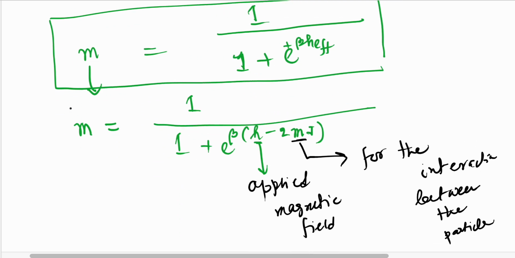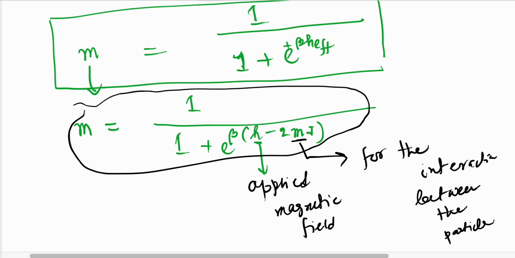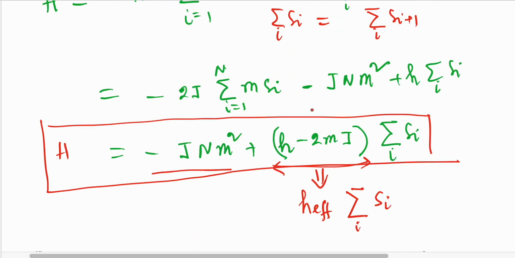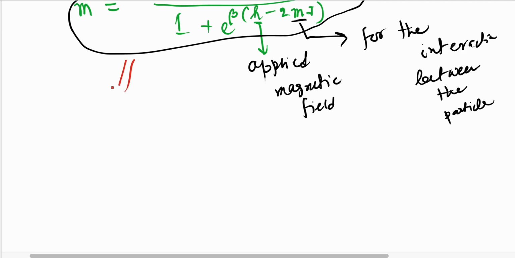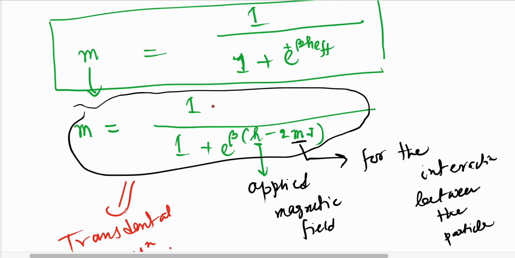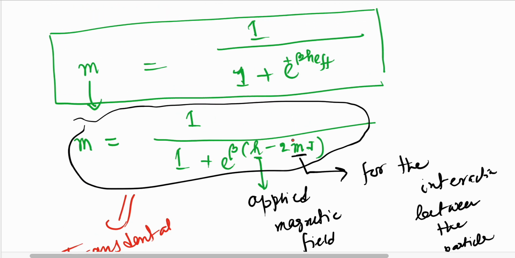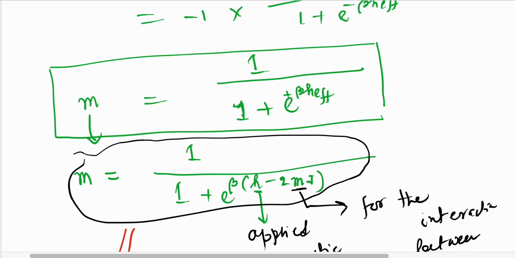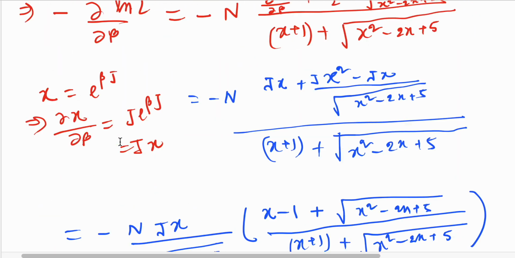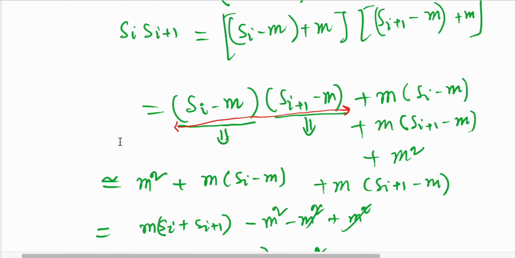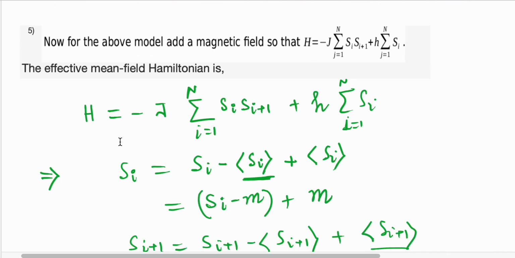This is called the transcendental equation, which will give you the value of the magnetization. So that's it. Now we have solved these things.